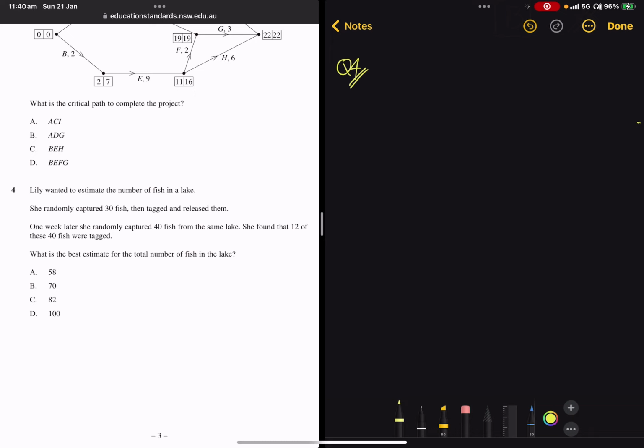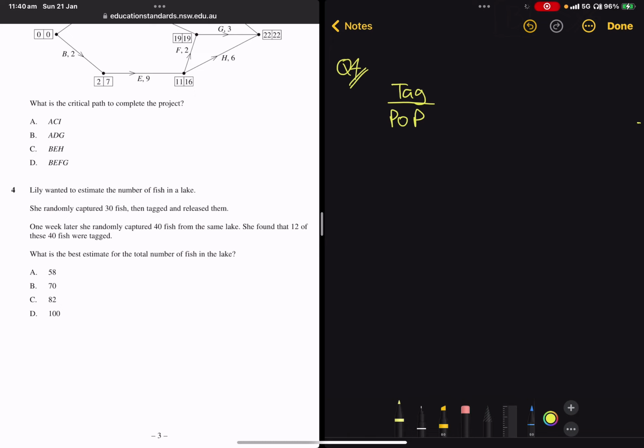So this is the capture-recapture technique. So when you initially capture and tag a certain number, you get a ratio. Tag over population. You know the number you've tagged. You don't know the number in the population.